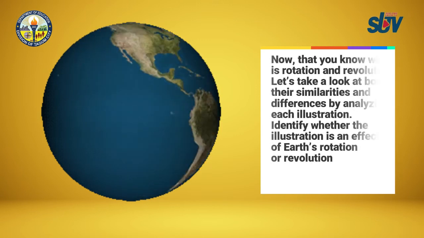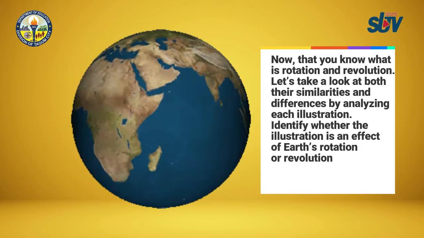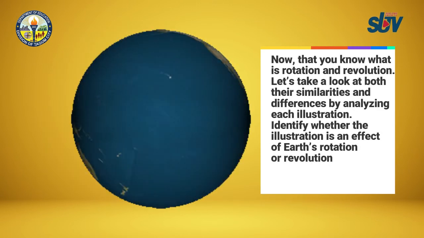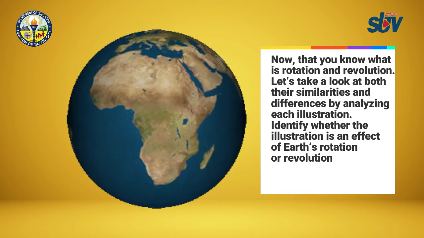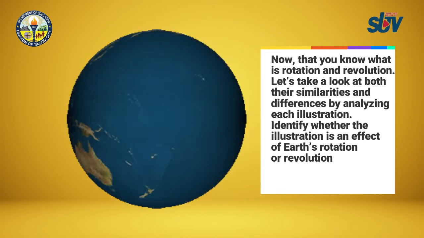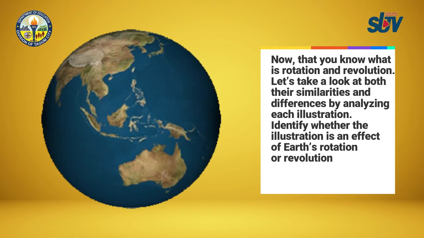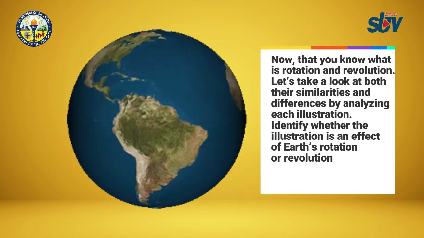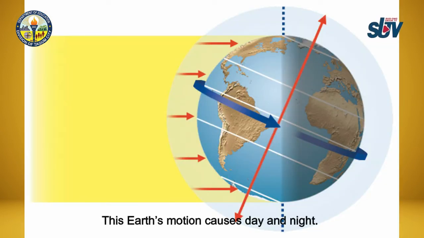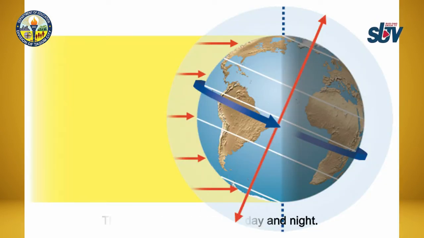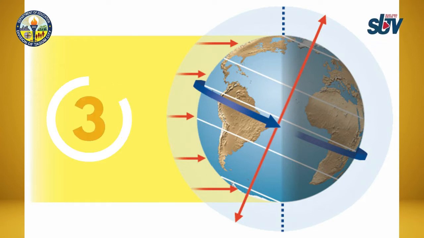Now that you know what is rotation and revolution, let's take a look at both their similarities and differences by analyzing each illustration. Identify whether the illustration is an effect of Earth's rotation or revolution. This Earth motion causes day and night.